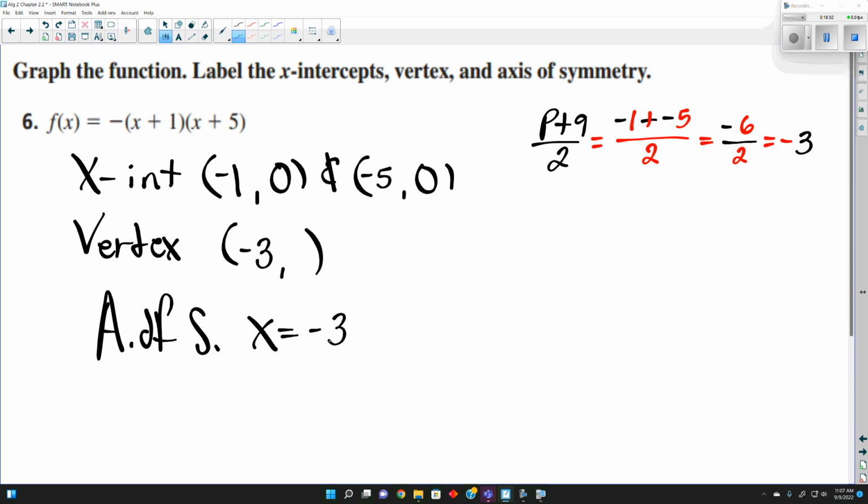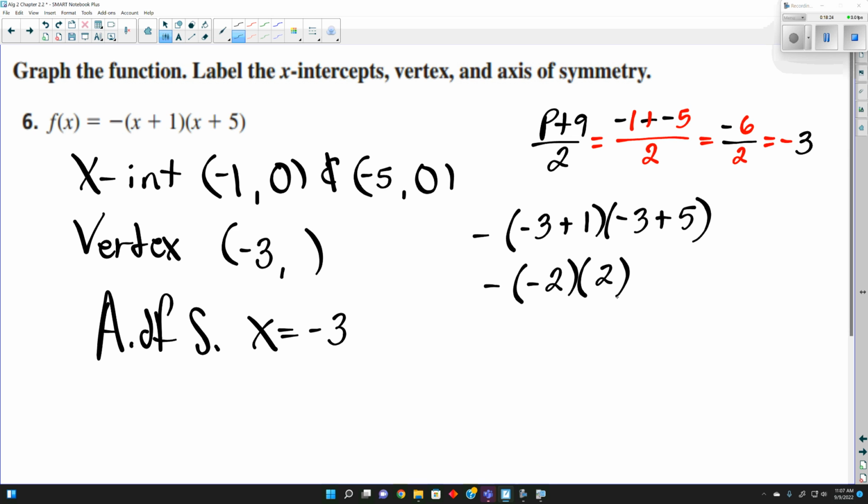And last but not least, we've got to just plug this back into the equation to find the y value. We have -3 plus 1 times -3 plus 5. Well, -3 plus 1 is -2. -3 plus 5 is 2.